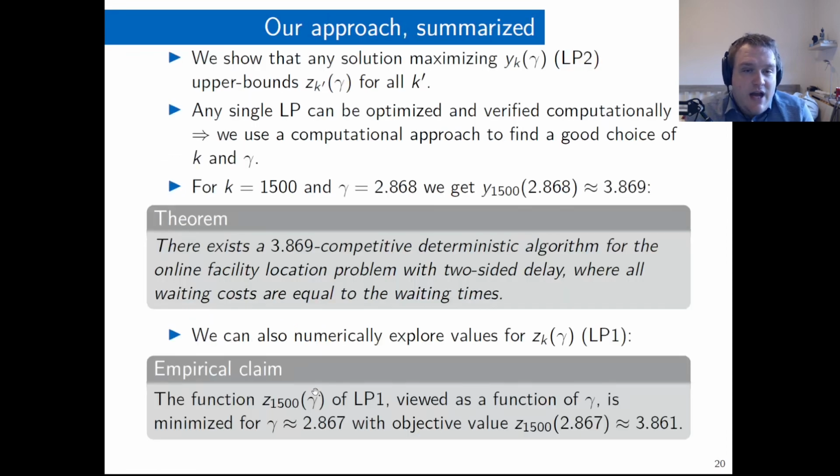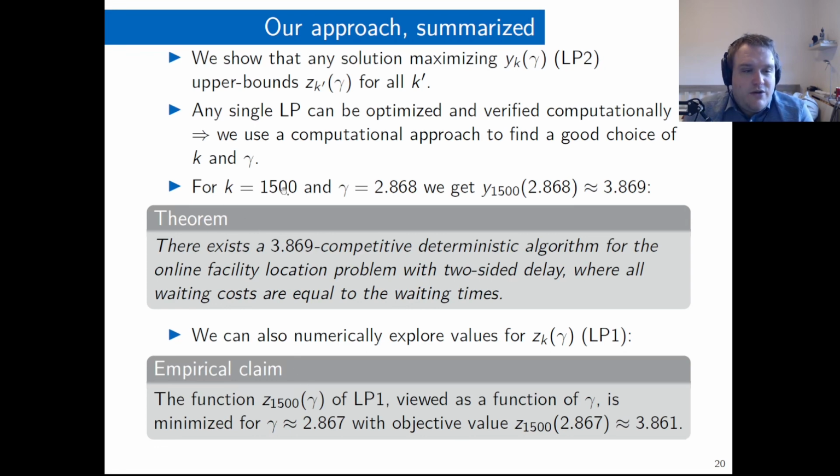And what this gives you now is that this LP yk gamma, as I've said, you can just solve one of them for as large k as you can, and for a smart choice of gamma. And this gives you an upper bound for the same gamma for all choices of the LP1, right? So this indeed gives you a competitive ratio.